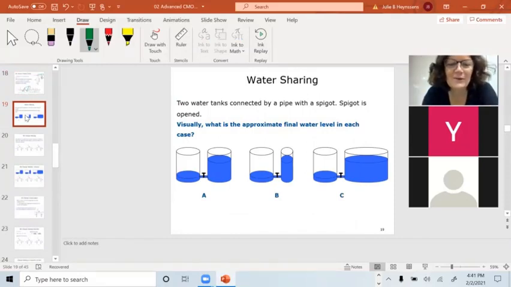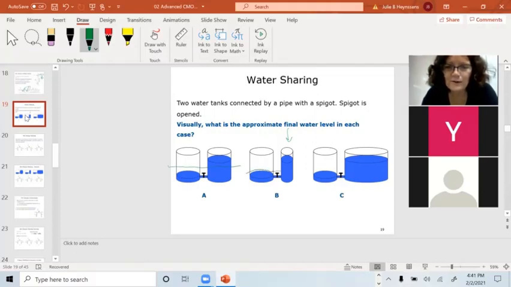Okay. So if I have two buckets of water that are the same size and I open the valve between them, what we expect to happen is they're going to settle at a final value that is the midpoint of their two levels. Now, if I have a tiny little bucket over here and a big bucket over here, when I turn this valve on, this one's going to go up a little bit.